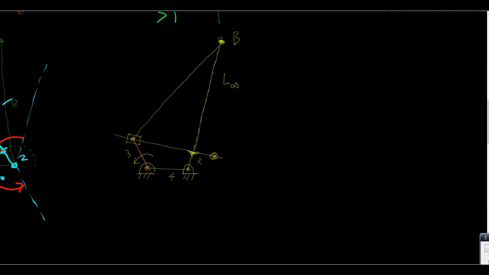This link, this link, this link and this link are taken as an approximating 4-bar linkage for this slider and this 3R1P linkage. Okay, the approximation becomes exact when L infinity goes to infinity.